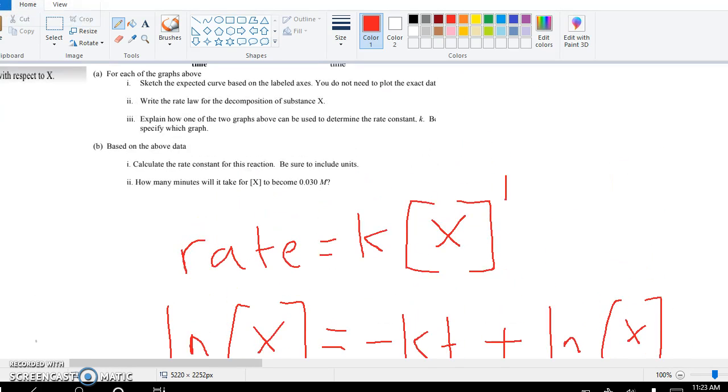It's also asking us to explain how one of the two graphs above can be used to determine the rate constant K. Be specific which graph. Which of these is going to give us the slope?